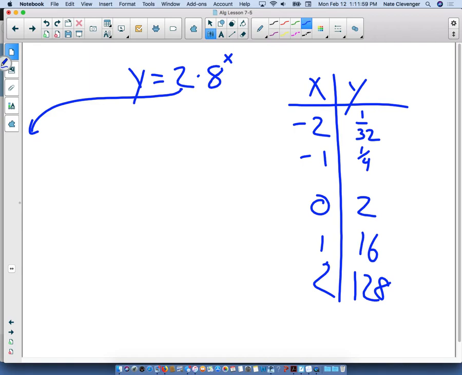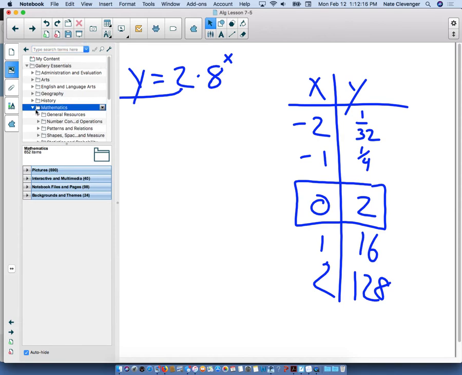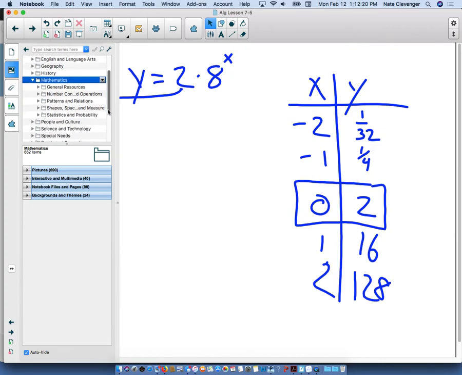Now, did that say find the y-intercept and state the domain and range? Well, your y-intercept is (0, 2). And then you just do the range. It's barely above the line.